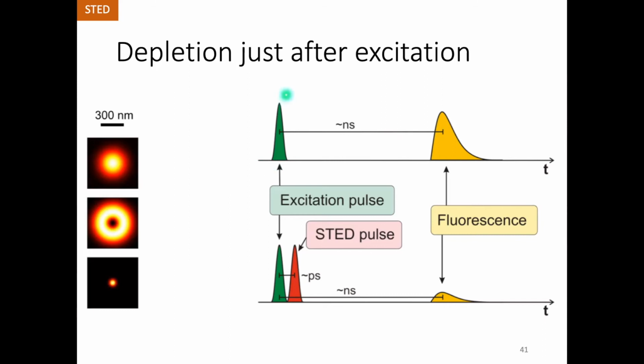So we have excitation, and then this depletion pulse is some picoseconds after the excitation. So we excite all the molecules, the depletion beam comes and turns off the fluorescence around the spot, and I will get, some nanoseconds later, fluorescence that will then be detected again. So it's a pulsed technique.